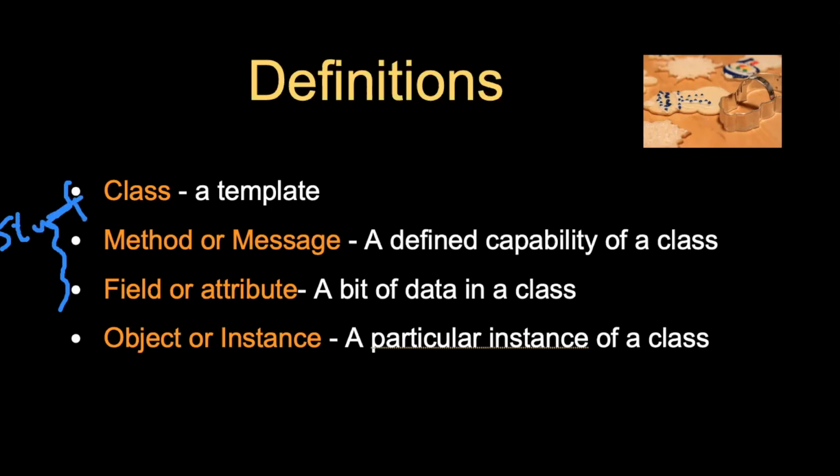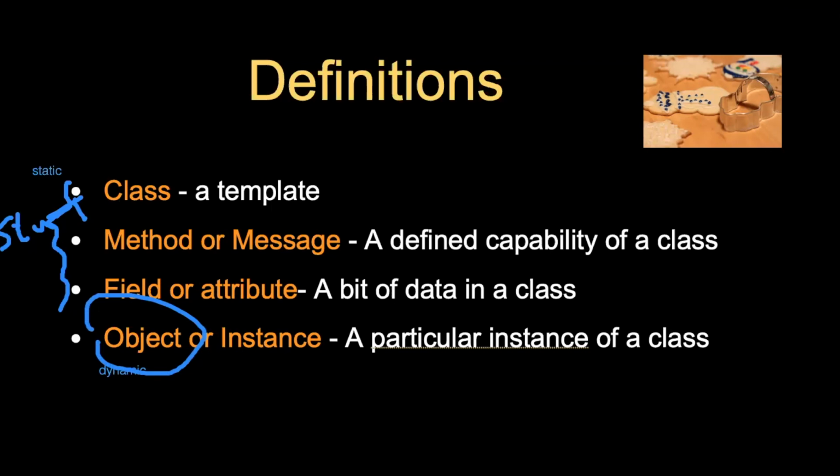I am so sorry about the drawing here. This is a static step. And what is dynamic is what we call the object. I want you to remember this: object is dynamic, whereas class, method, and fields are static.